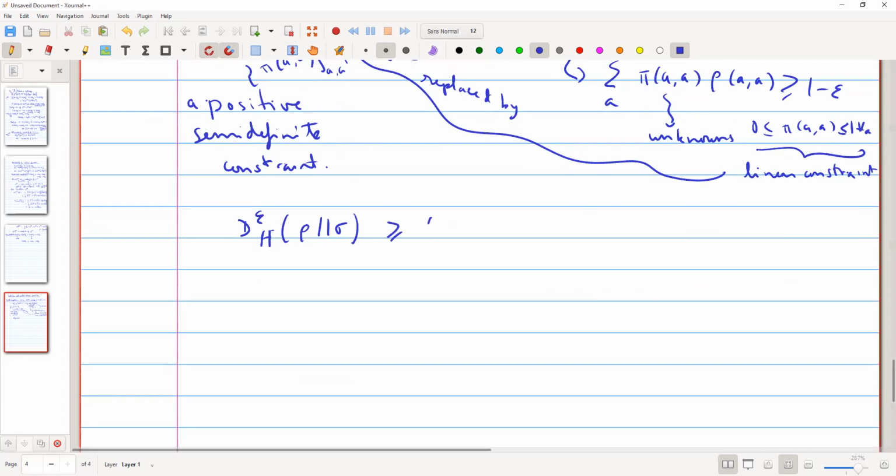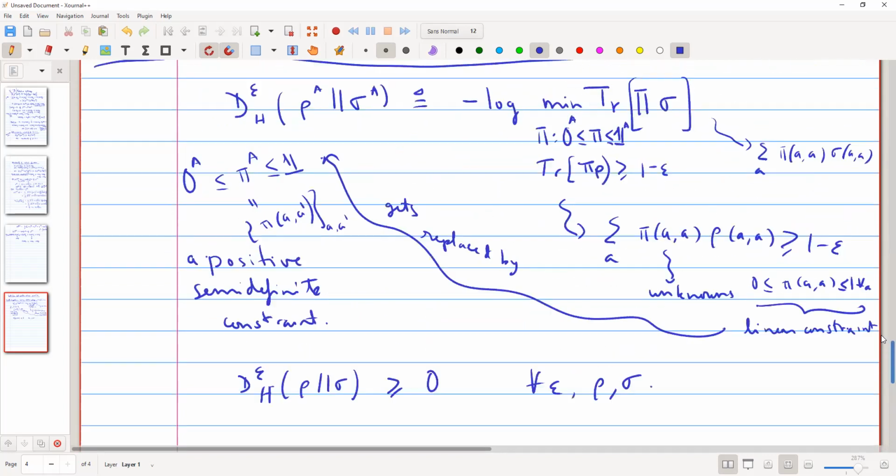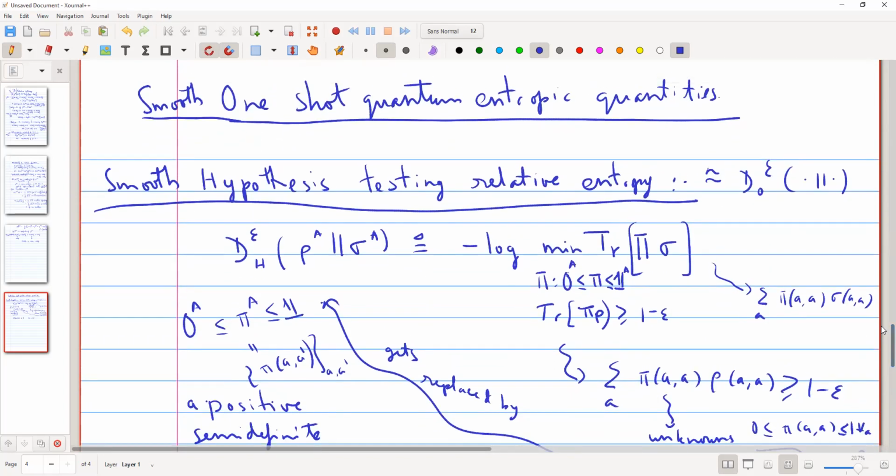So d epsilon h is greater than or equal to 0 for all epsilon, rho, sigma. This you can easily see. Remember, what am I optimizing over out here? My unknown is this pi, and whatever it is, pi is less than or equal to identity.